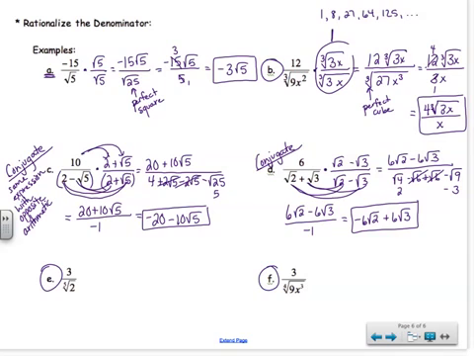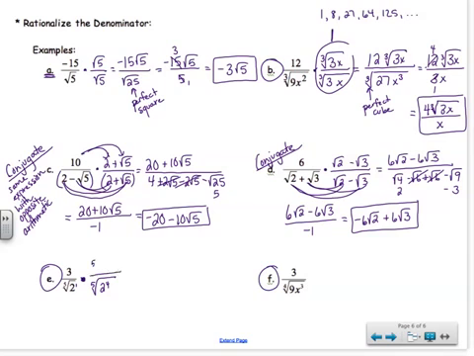So if we go down to letter E, and we look, this time we need perfect fifths. Well, I have a prime number underneath that radical, a 2, so that's really 2 to the first. So I'm just going to multiply by the fifth root of 2 to the fourth, so that I end up with 2 to the fifth, which is a perfect fifth.